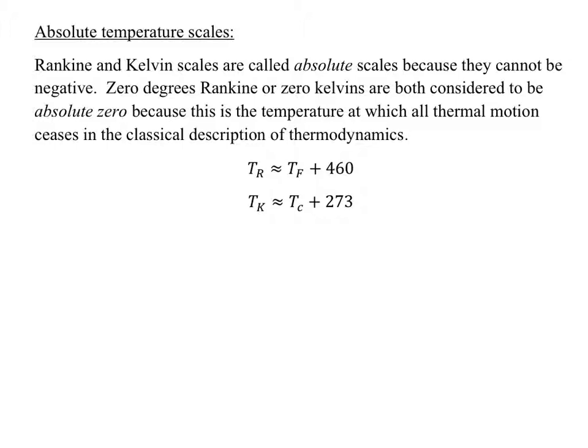A lot of the time, the laws of conduction, convection, and radiation pertain to Kelvin. They don't pertain to Celsius, although Celsius is our base metric system to use. We use Kelvin a lot for our laws because they're based off of the Kelvin scale.